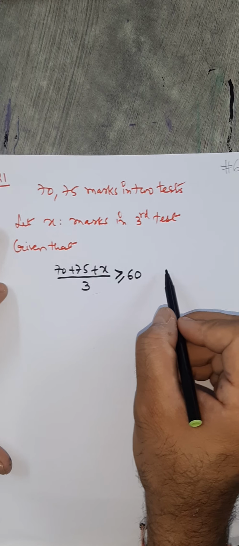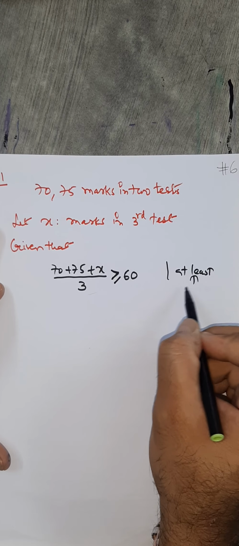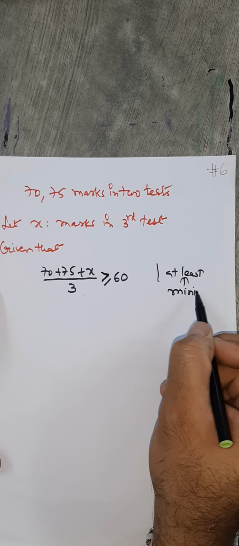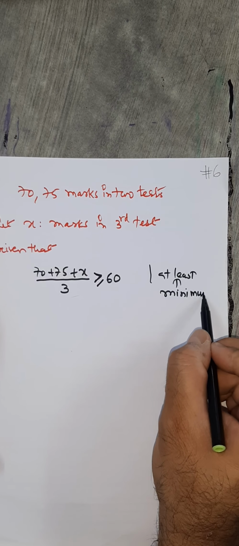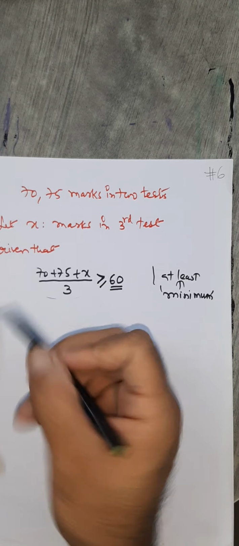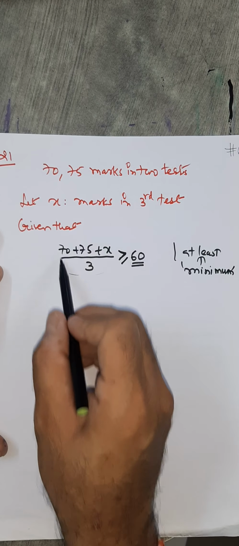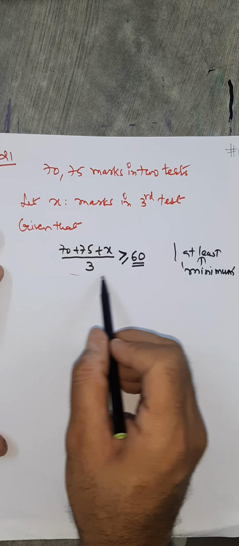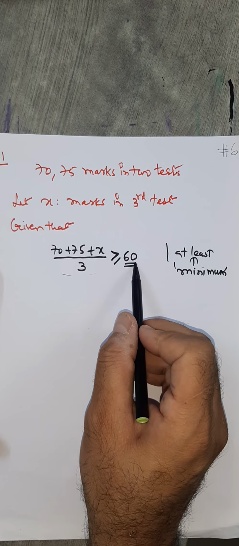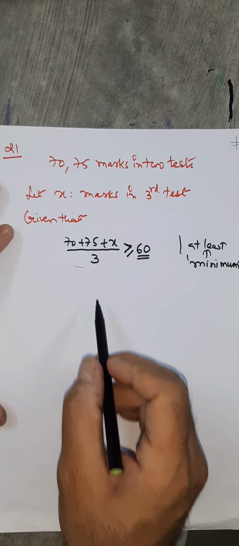At least means minimum. That means the average should be minimum 60. So if the average is 61, that's fine, 64 is fine, 70 is fine, but minimum 60 it should be. Okay, now you simplify.